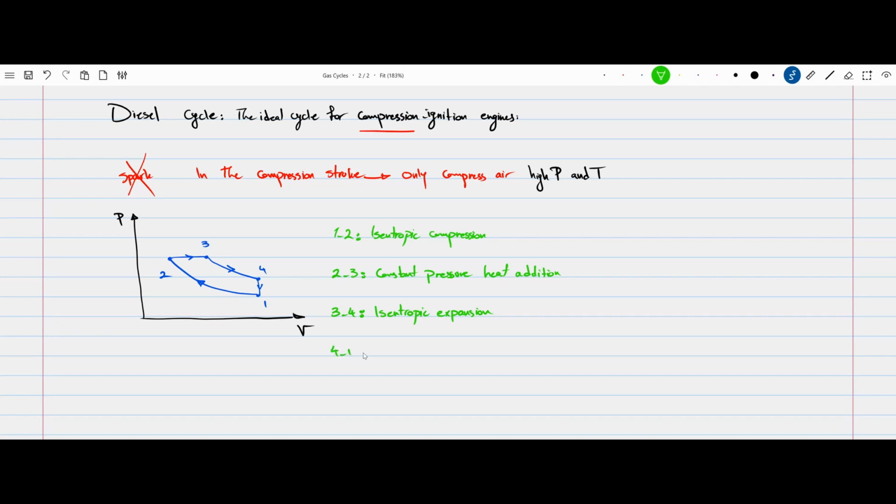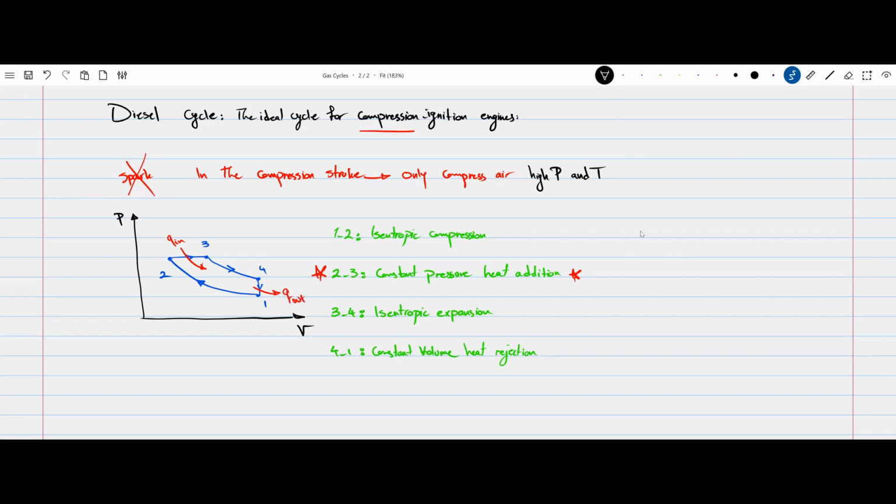And 4 to 1 constant volume heat rejection. See, the only thing that is different is process 2 to 3. This is where Q in happens, and this is where Q out happens for our cycle.